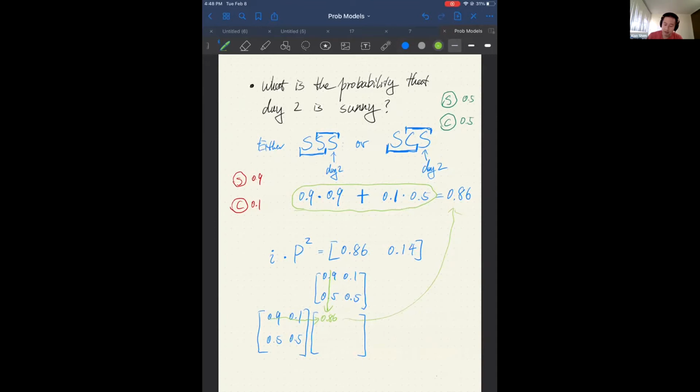And this just demonstrates the probability when, let's say, the day instead of 2, I replace it with a k, then we're just going to change the P squared to P to the kth power. So that's essentially the relation. Okay.